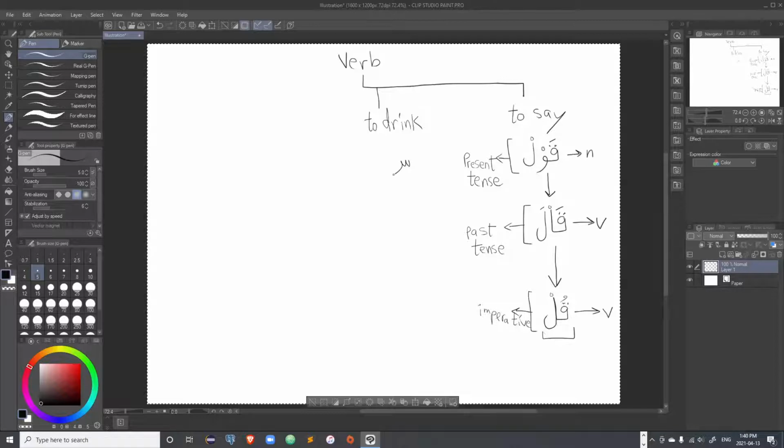So this is the noun, and this is the diacritic shurb. So you can add an alif lam to it because it is a noun. That is shurb. So that would be noun.